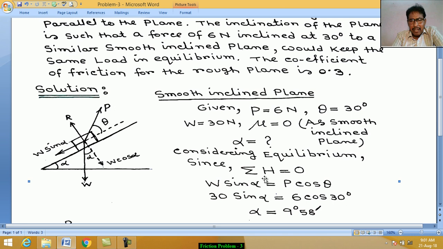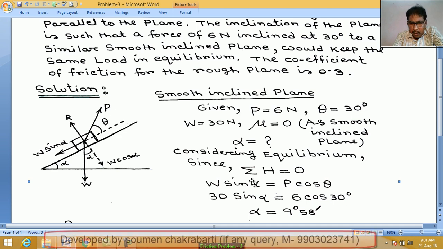Since sum of the horizontal force 0, in left side direction only force W sin alpha, in right side direction only force P cos theta.